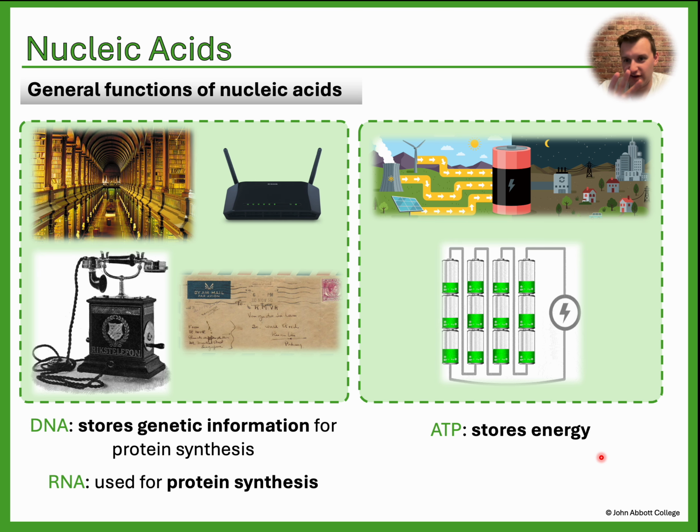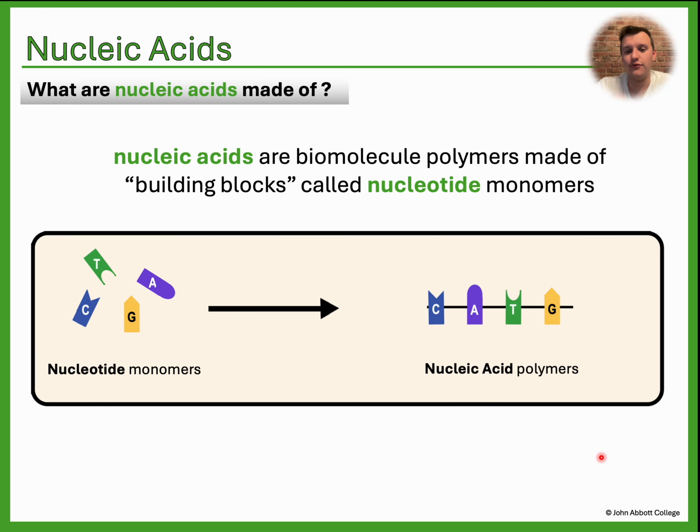Before going through this, I want to go through the monomers and polymers. So what are nucleic acids made of? Nucleic acids are the biomolecule polymers. These are made of building blocks called nucleotides.